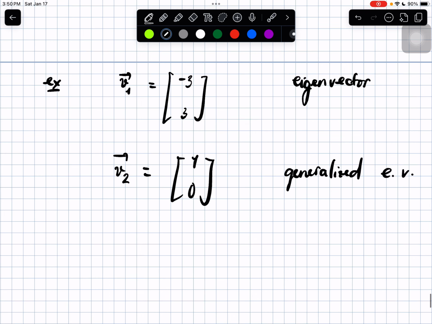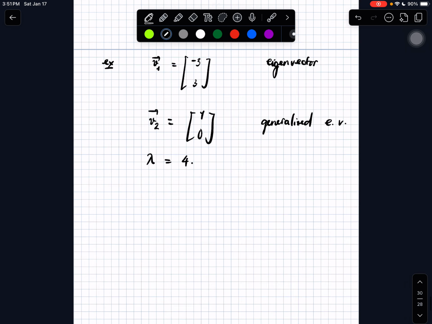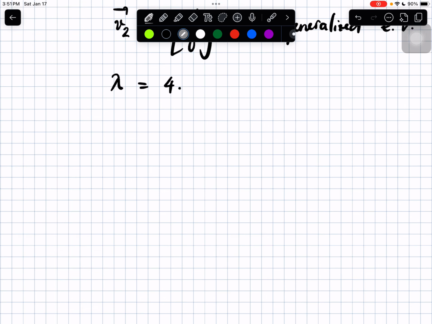The eigenvalue lambda is 4. Here are the axes x1, x2.